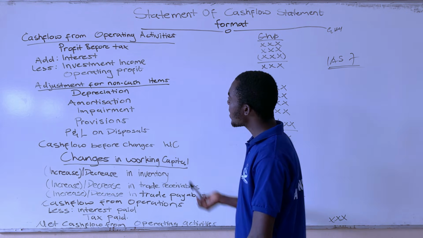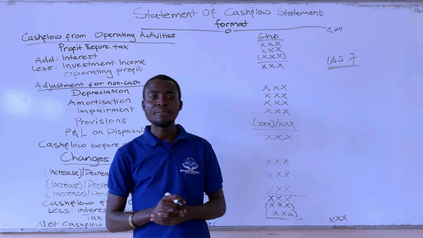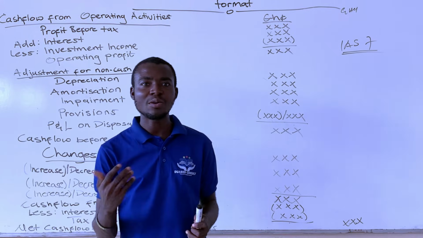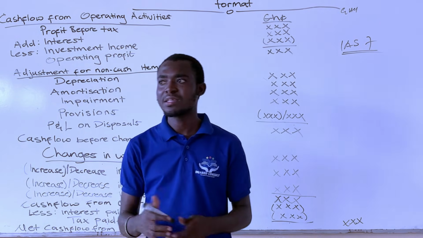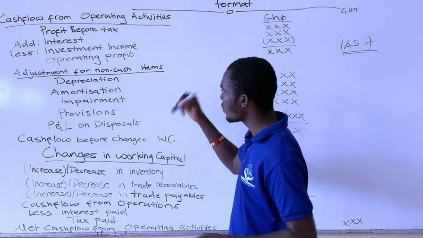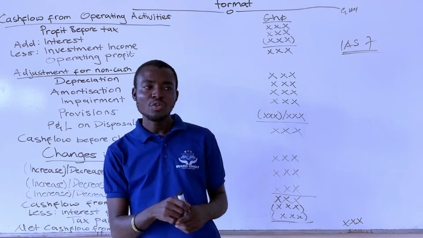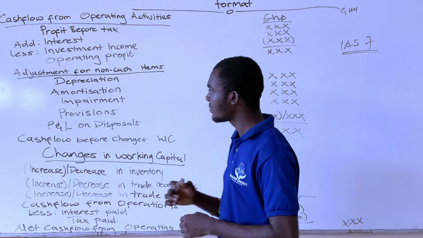And then impairment. Impairment occurs when the carrying amount of the asset exceeds the recoverable amount of the asset. So for impairment, we will add it to the net profit or the gross operating profit to get the actual operating profit of the organization.